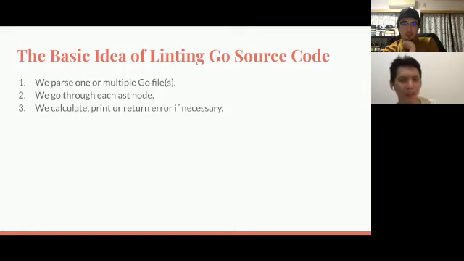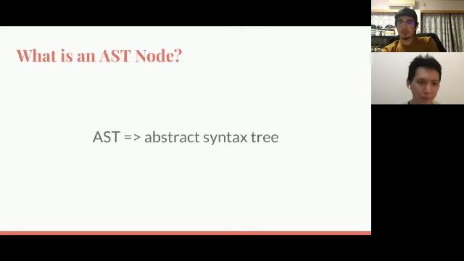So here's a new vocabulary. What is an AST node? This might be a little bit confusing. An AST is an abstract syntax tree. In every programming language, if the language is going to read or understand a file or a piece of code, it needs to translate this file into an AST so that it can understand what it's doing.